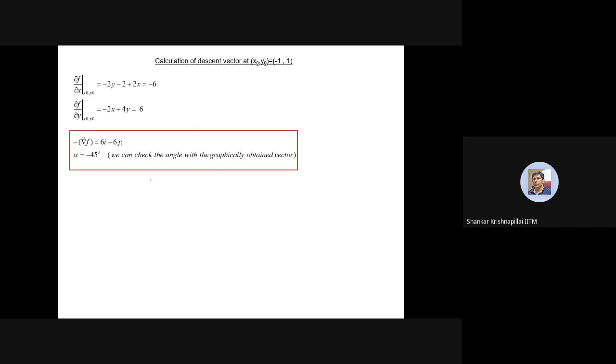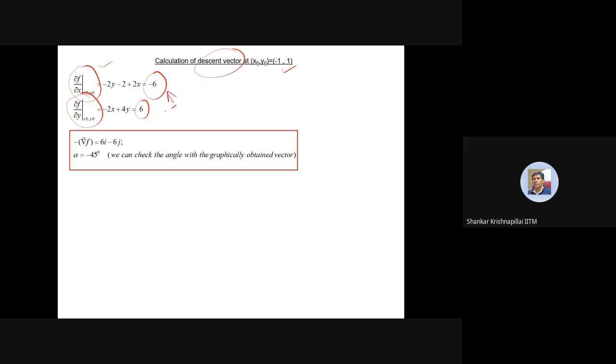Calculation of the descent vector at x naught, y naught, minus 1, 1. You have to find the a and b values of the descent vector. Partial f by partial x at x naught, y naught is minus 6, and partial f by partial y at x naught, y naught is 6.